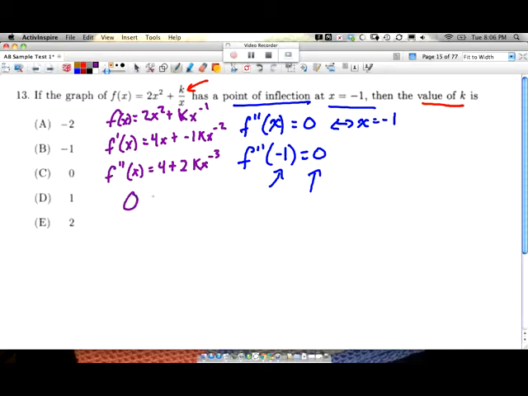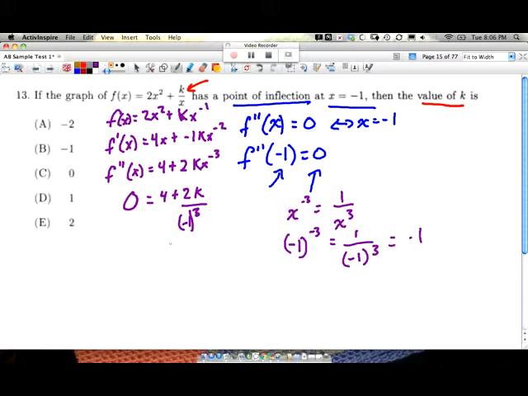All right, so we set that equal to 0, and we plug in -1. So it's going to be 4 plus 2k over -1 cubed, because x to the -3 is really 1 over x cubed, and -1 to the -3 is really 1 over -1 cubed, which is really just -1.